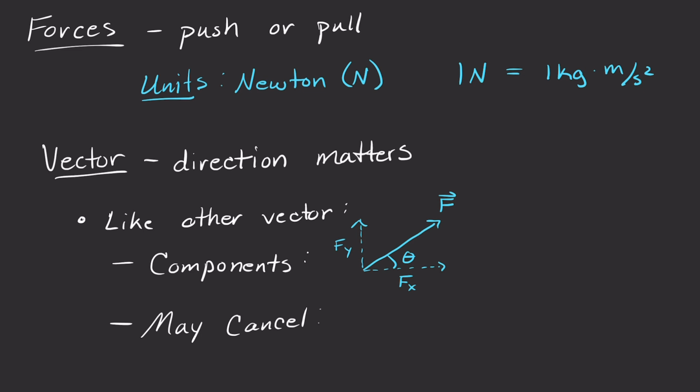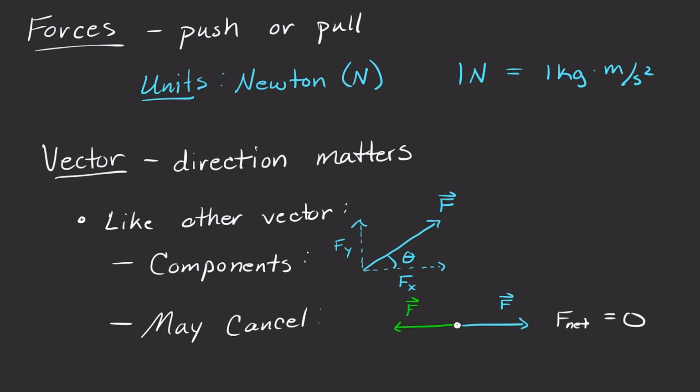So you may have an object, and you have a force to the right that's equal to F, and a force to the left that's equal to minus F. You can see it's going to the left. Since these are equal, the total force, or the net force, is going to be 0. Okay, and so this is really important.